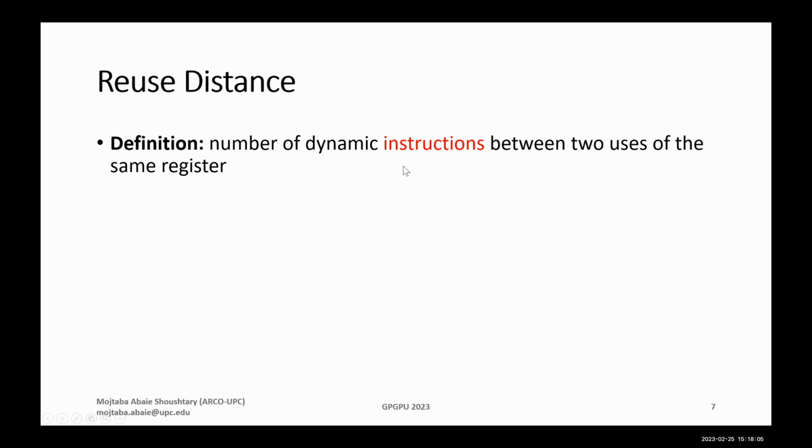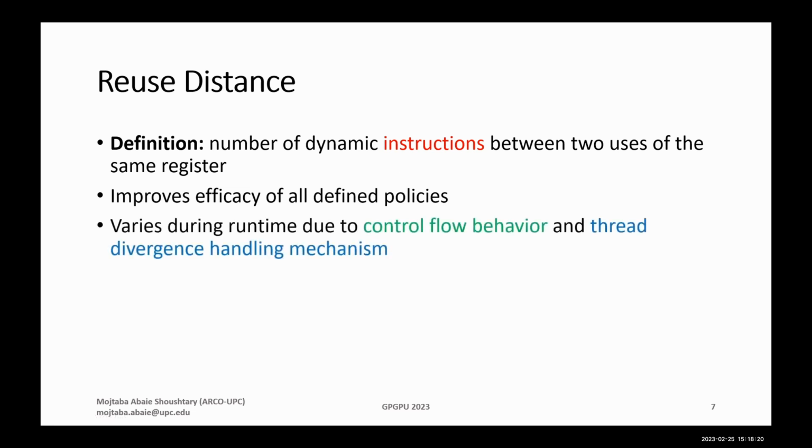First, I define the reuse distance. By reuse distance, I mean the number of dynamic instructions between 2 users of the same register. And as I said, it improves the efficiency of the policies. And it could vary during runtime due to the control flow behavior and the thread divergence handling mechanism of the system.